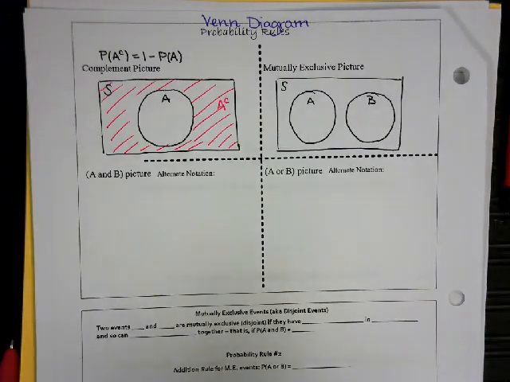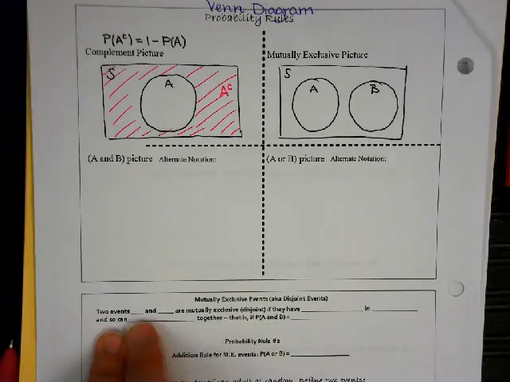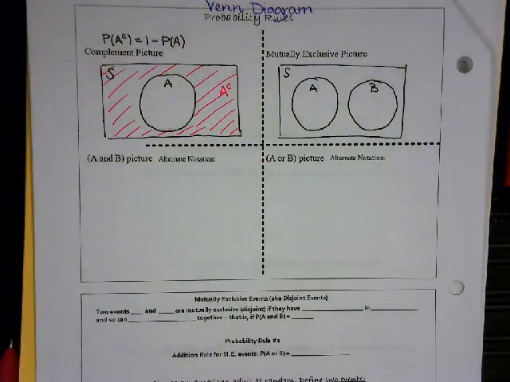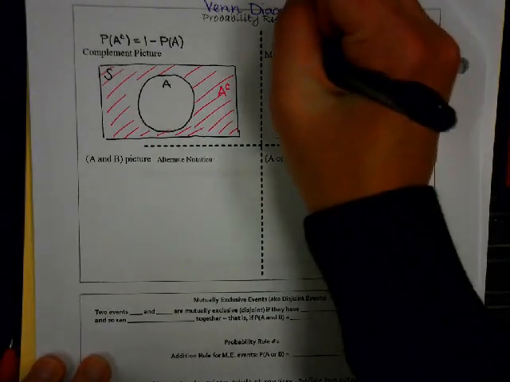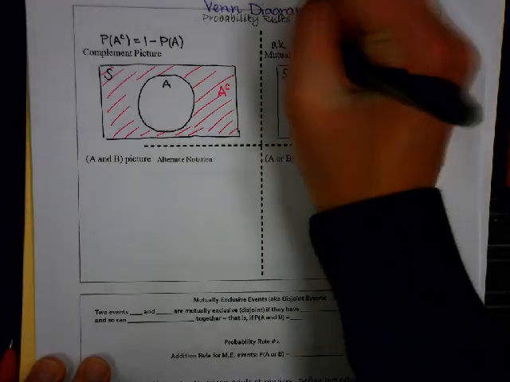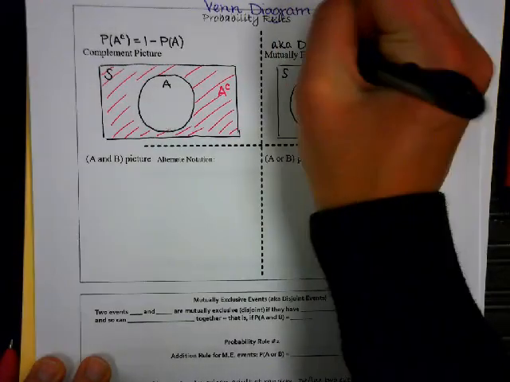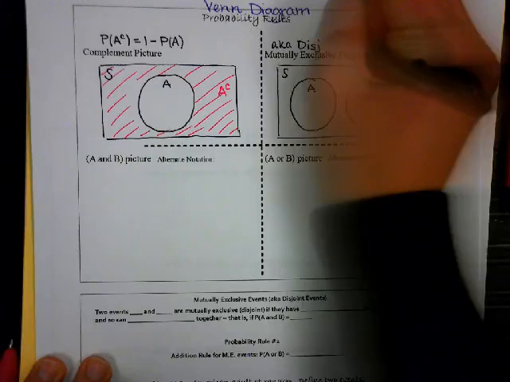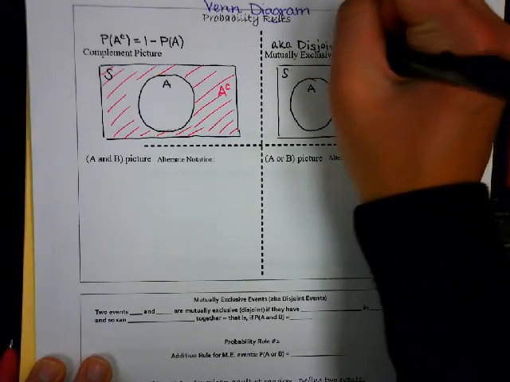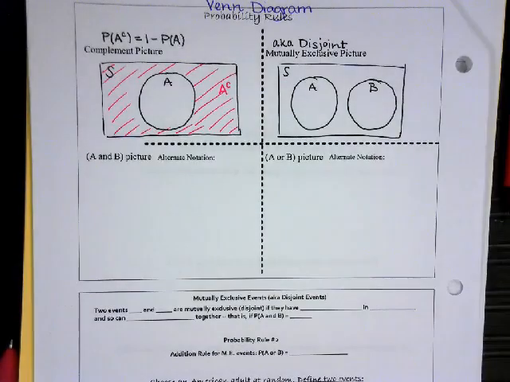Another name for mutually exclusive is disjoint. I try to stick with the wording mutually exclusive, and I'm pretty sure the textbook always uses mutually exclusive, but if you see the word disjoint, like two disjoint events, they mean mutually exclusive.